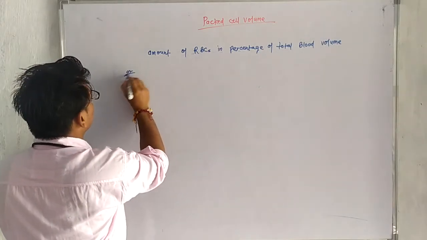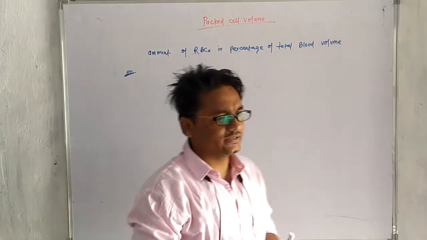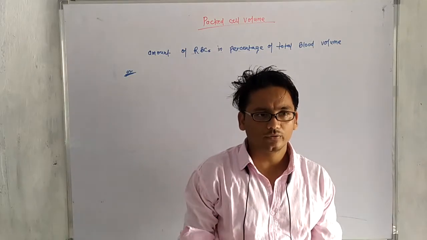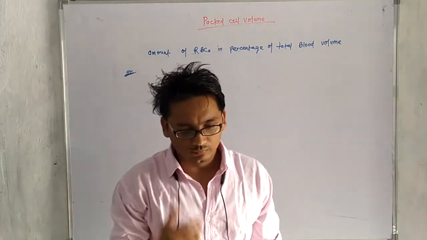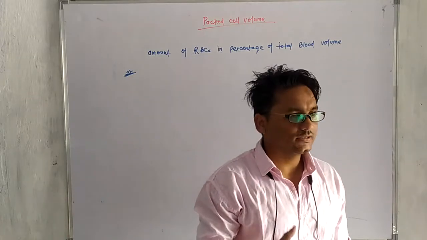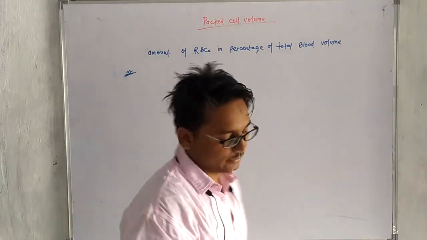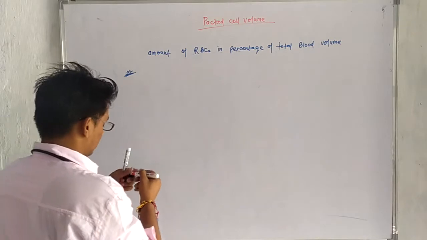Another way: it is the volume of RBC packed at the bottom of the hematocrit tube when the blood is centrifuged.